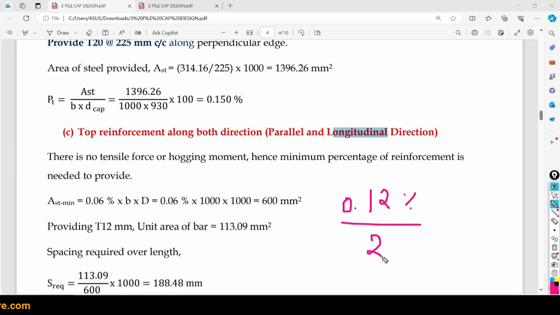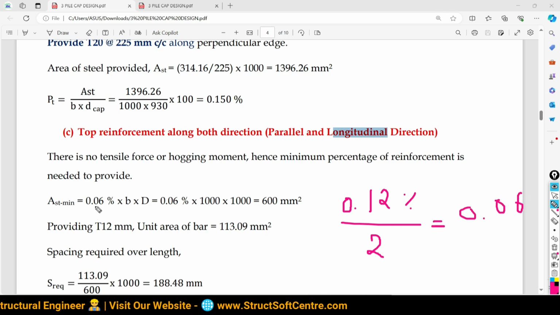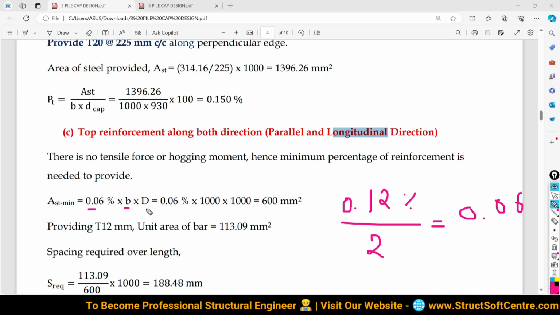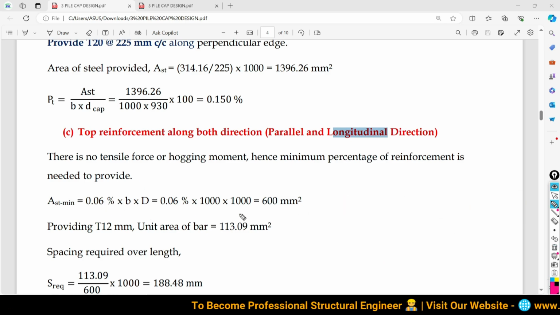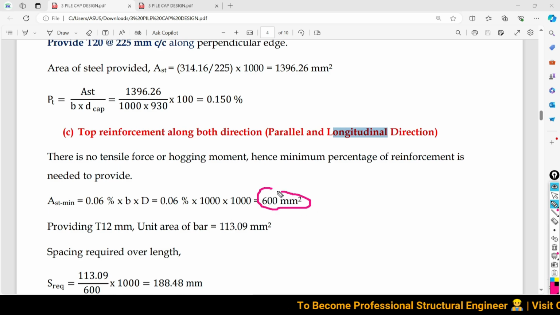So half of this becomes 0.06%. We are going to do this in our proposed example, 0.06% of B into overall depth. After this calculation, we are getting the area of the reinforcement required as 600 mm square.